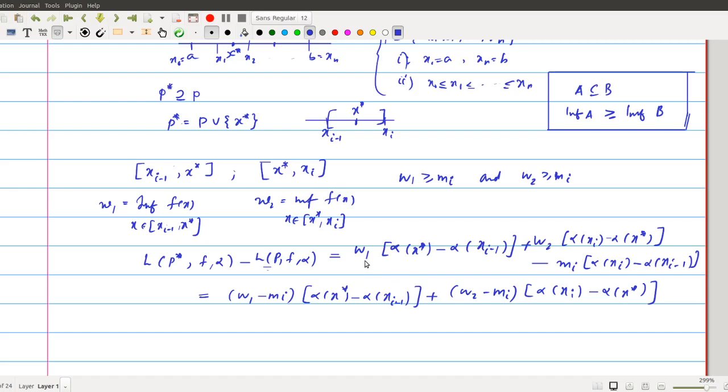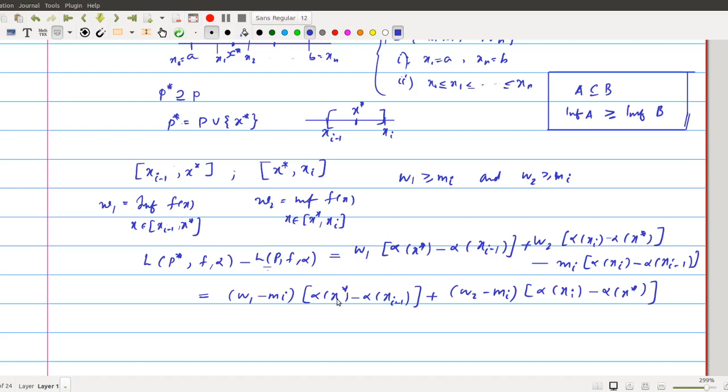First of all, you need to expand this bracket, w1 times alpha of x star minus w1 times alpha of xi minus 1, and open all these brackets and insert one term and the negative of that. Then you can easily regroup these terms in this manner, or otherwise you can check this expression, open all the brackets, and you will get this one. So we can just verify this.